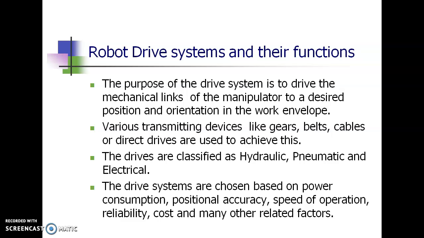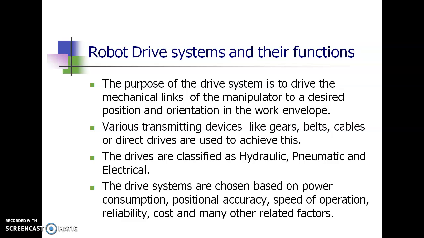So the purpose of the drive system is to drive the mechanical links of the manipulator to a desired position and orientation in the work envelope. This is done by means of power drives in the joints.